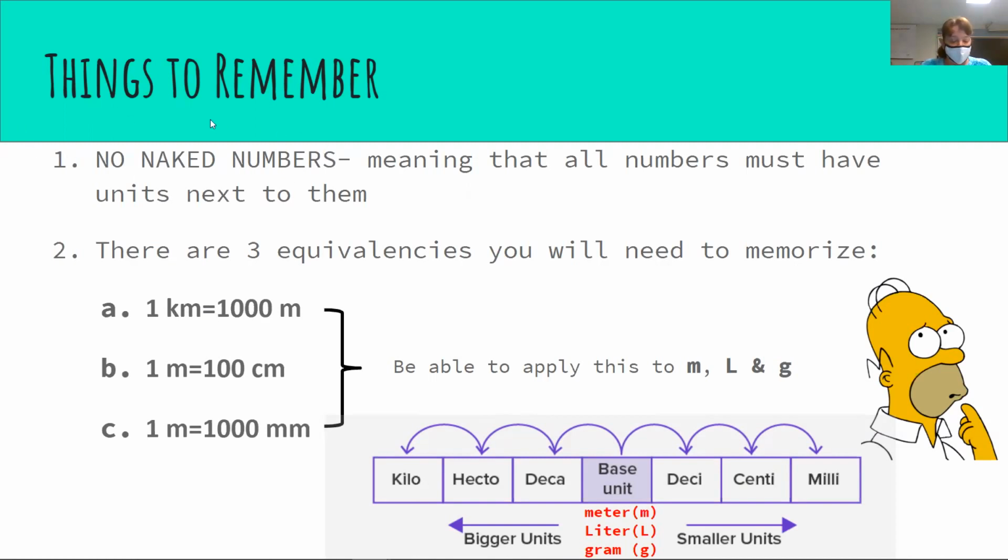And this top part where it says no naked numbers. What that means is, because of what we're going to learn now and it's going to apply for the rest of this year, every time you write a number, it's going to be important that you include the unit or label, sometimes you would call it, associated with it.